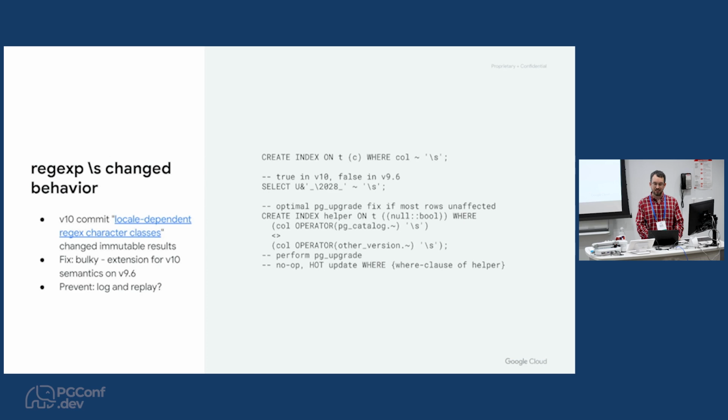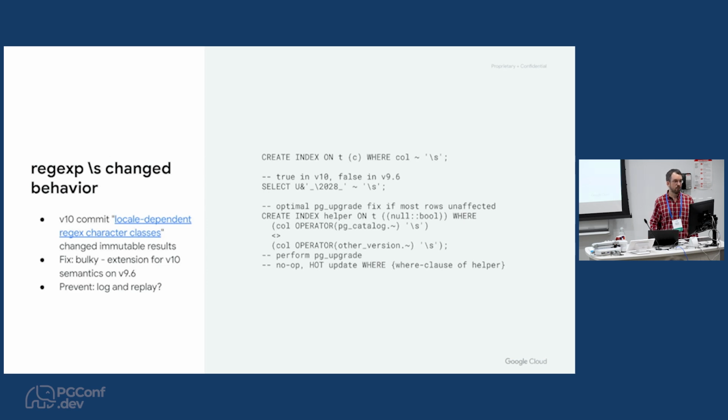A low effort alternative would be to just mark the index invalid, but that could greatly increase your downtime for PG upgrade, and a lot of indexes weren't affected at all because they didn't use non-ASCII characters. So it's a judgment call here. I don't think we necessarily made a bad choice by not doing anything about it, but I don't know what we would do next time.